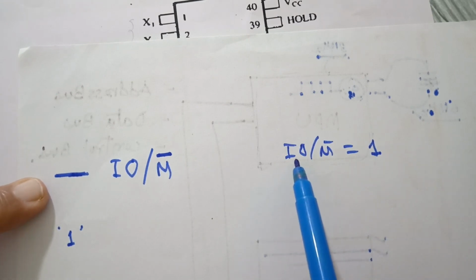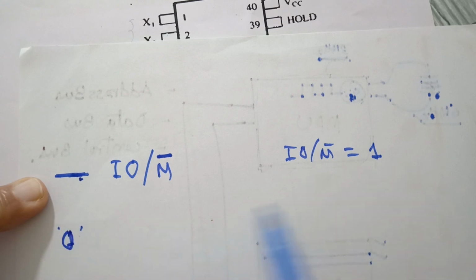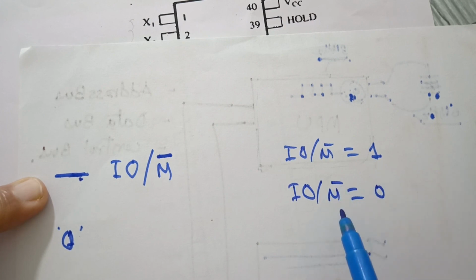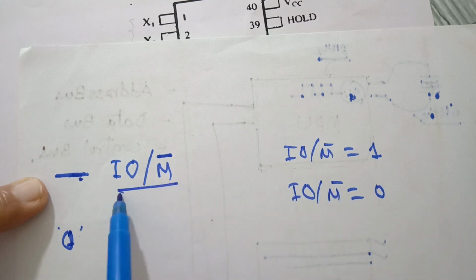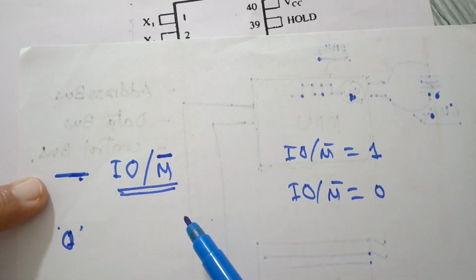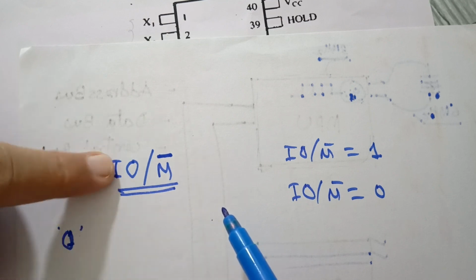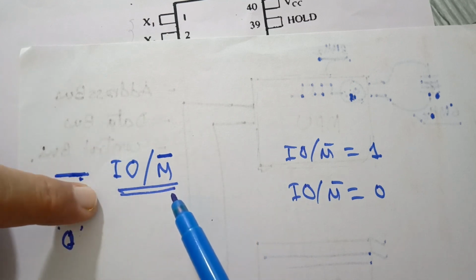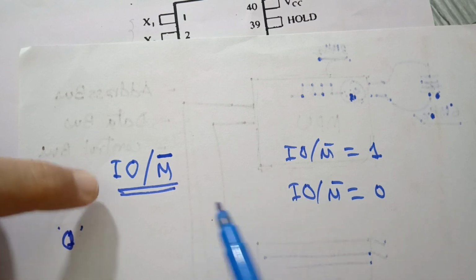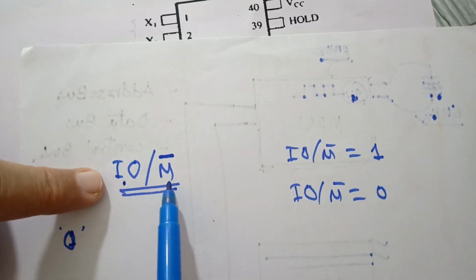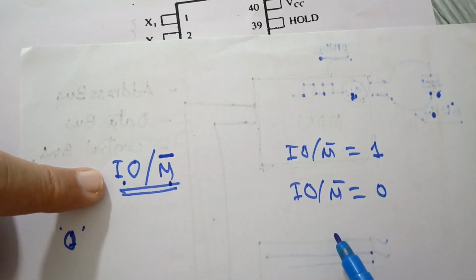It means the microprocessor is reading or writing an IO device, so it is an IO operation. And on the same pin, if there is a 0, when IO/M bar is 0, then the reading and writing will be on memory chips. So this pin is used to indicate the type of operation the microprocessor is undergoing, whether it is with IO or memory. This helps to distinguish whether the address is sent for IO devices or for memory devices. I think we should stop here.